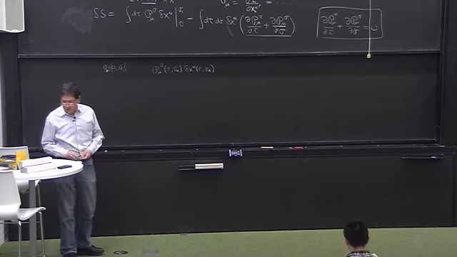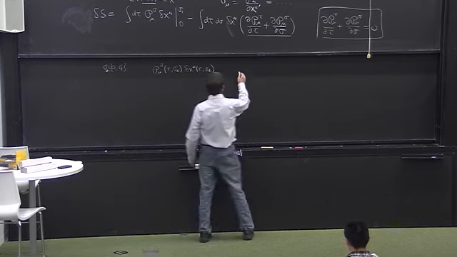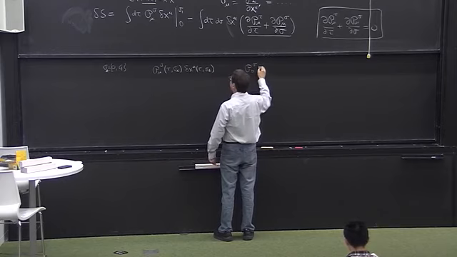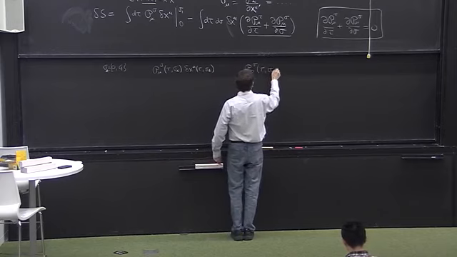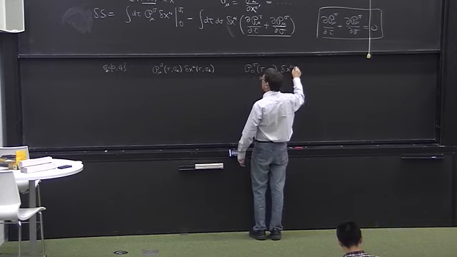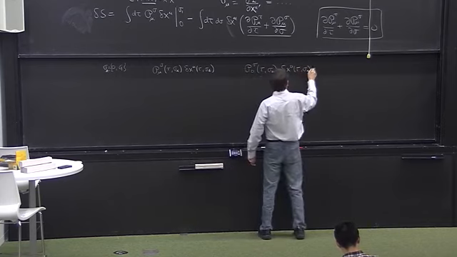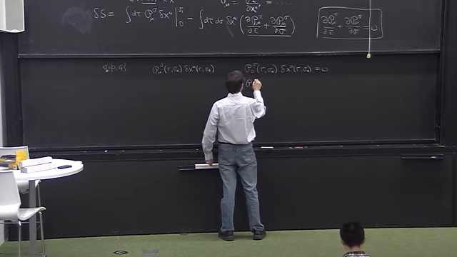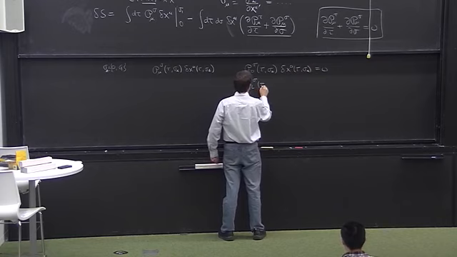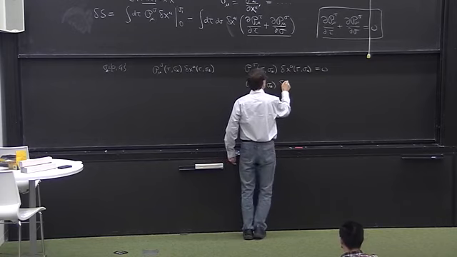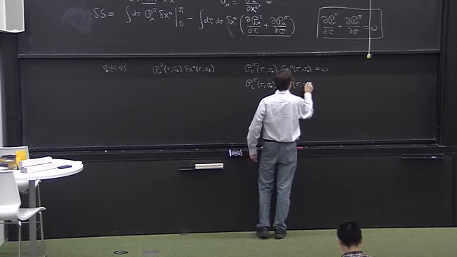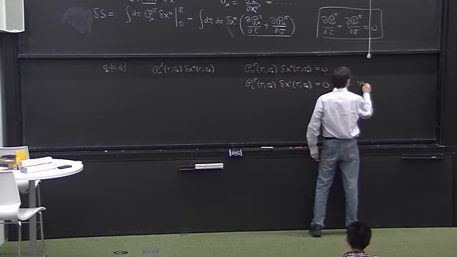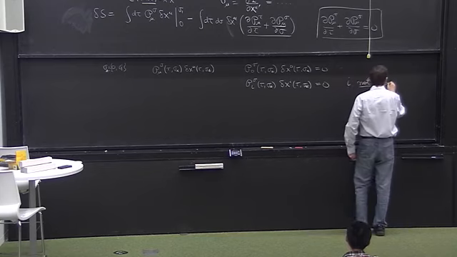So in fact, what I claim is that you must have P 0 sigma tau sigma star delta x0 tau sigma star equals 0, and P i sigma tau sigma star delta x i tau sigma star equals 0 for i not summed.